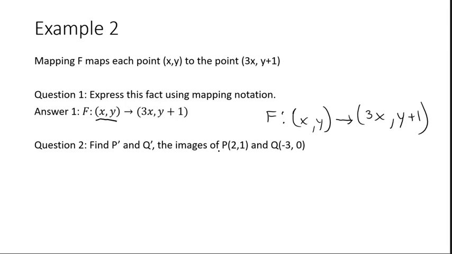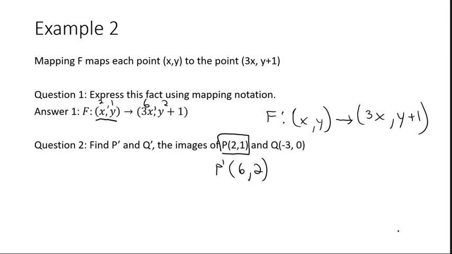So for 2, 1, for example, we want to plug in a 2 and a 1 for x and y. What do we get back out? Well, 3 times 2 is 6. And then y plus 1, we do 1 plus 1, which gives you 2. So P prime would be the point 6 comma 2.